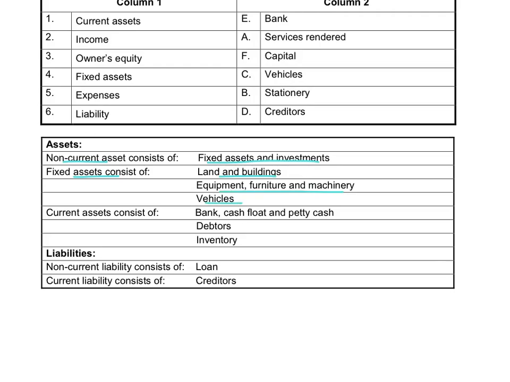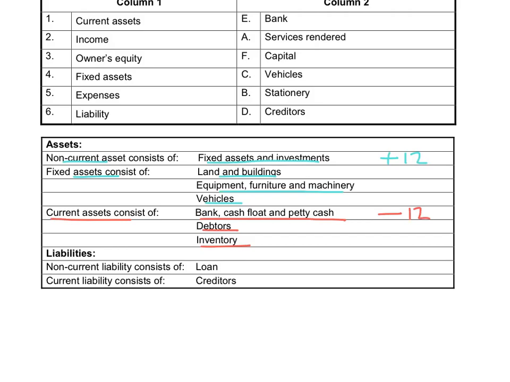Current assets consist of bank, cash float, petty cash, debtors, inventory. And non-current assets will take more than 12 months in the future to change, where current assets will take less than 12 months to change. But both of them are assets because they will cause an inflow of money in the future.